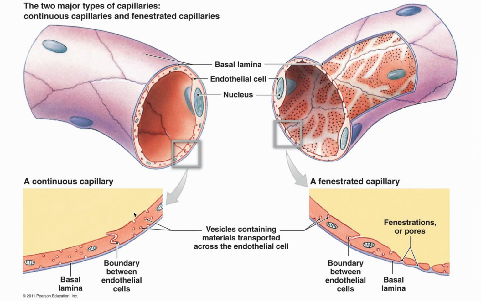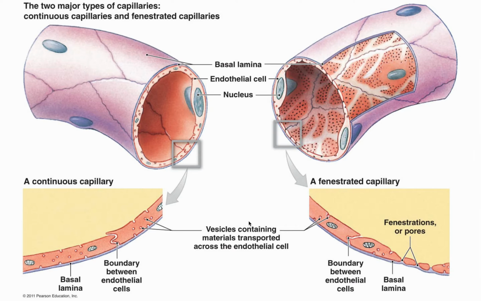You can see the wall is very thin here, so oxygen, whatever nutrients, they can diffuse through here, water can diffuse here very easily, and vesicle transport happens as well to move things either in or out of the blood. Only small molecules can leave from these type of capillaries, things like oxygen or glucose or water.